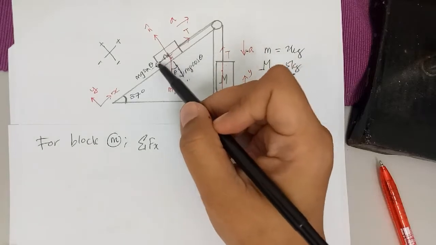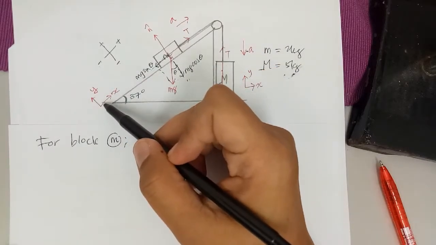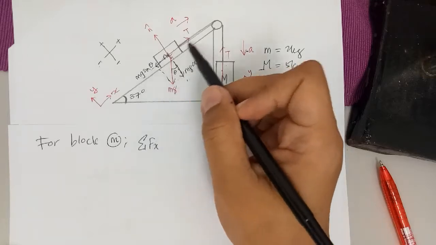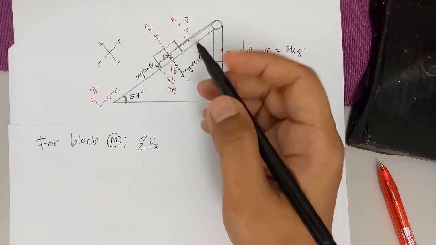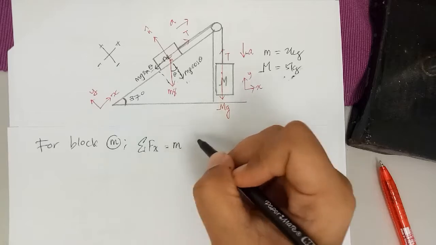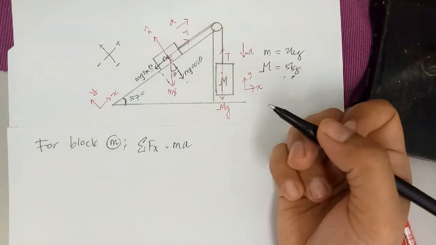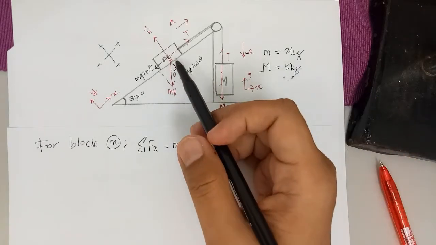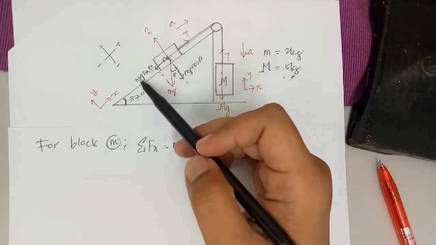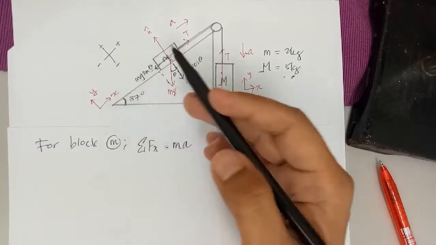Since we have defined our x-axis here and the block's movement is in the x-axis, all the forces in x contribute to the movement, ma. What are the forces in the x-axis? Tension is going to the right, so positive. mg sin theta is to the left, so negative.